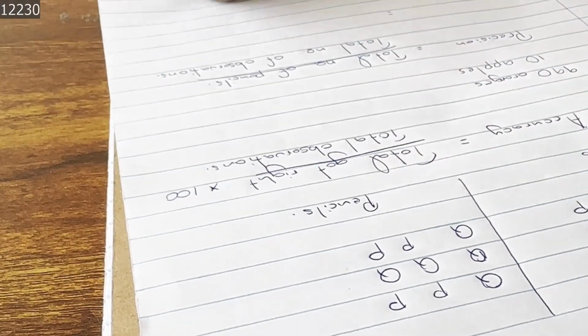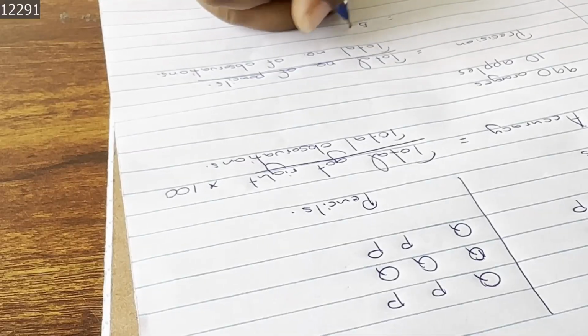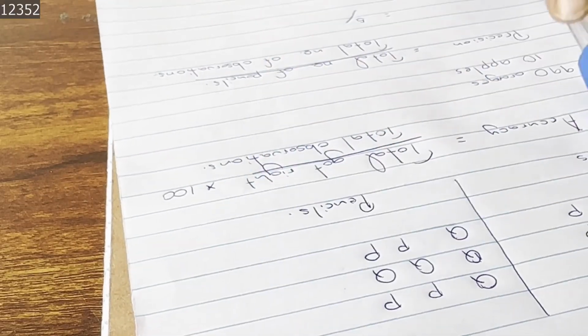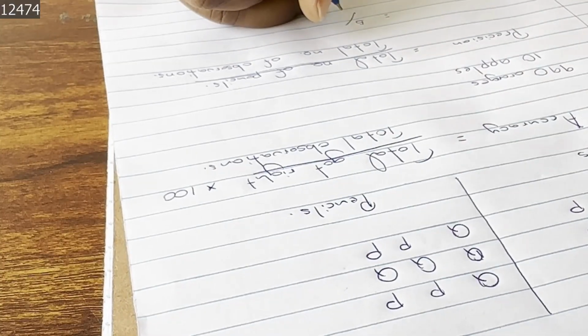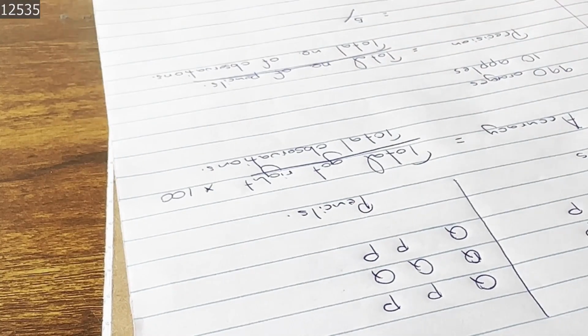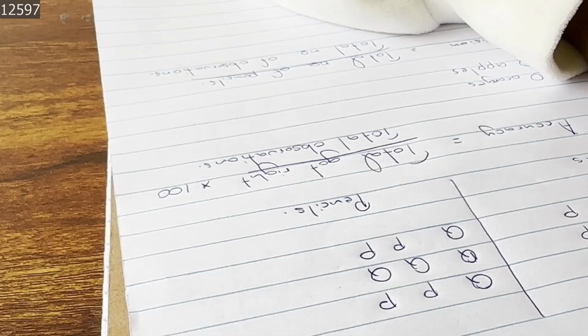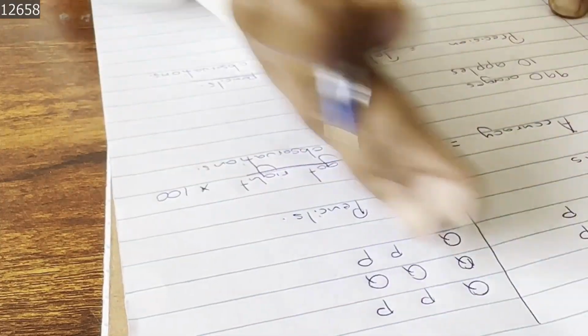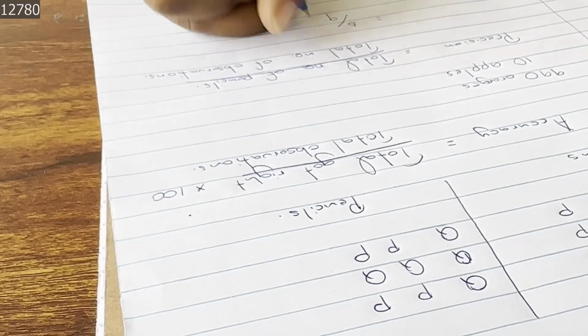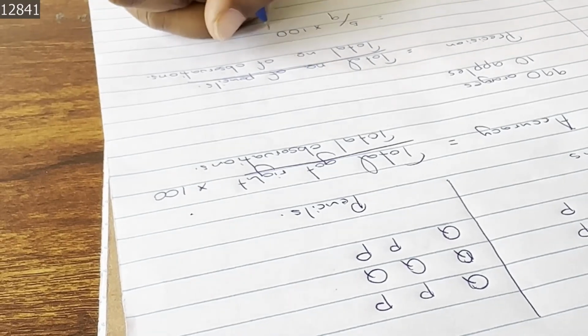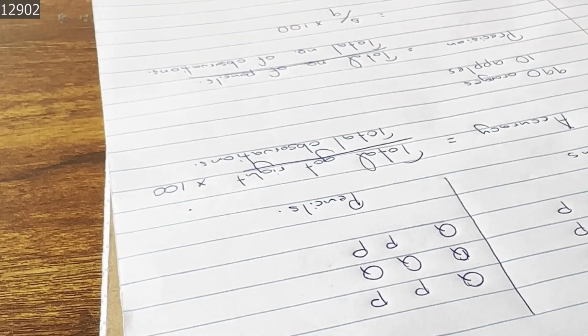Yeah? 5 out of total number of observations. We ignore the pens bit. So we're only considering this bit. This is 9. 5 out of 9 times 100%. So that would be your precision.